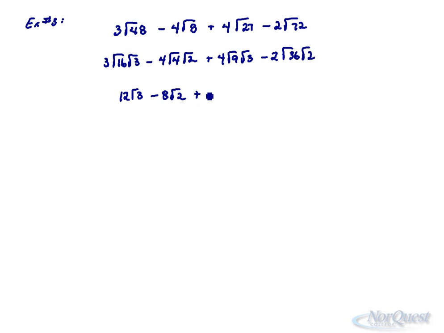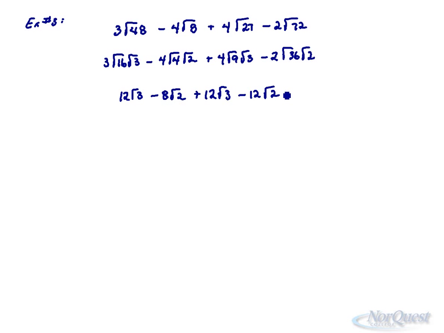Times 4 should give me 12 root 3. Square root of 36 is 6. Times 2 will give me 12 root 2. Be very careful at that stage. Remember, it's all multiplication, so the perfect square will work out to a rational number, which you just multiply by whatever the original coefficient was.